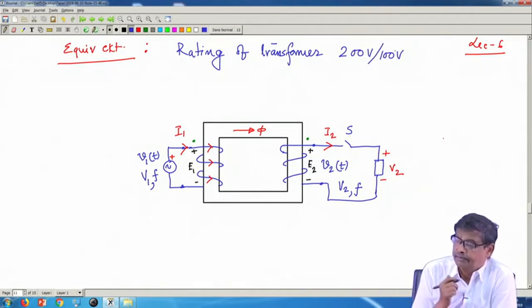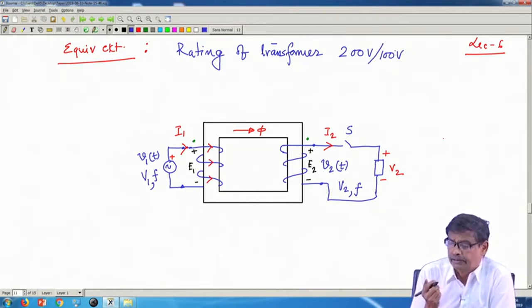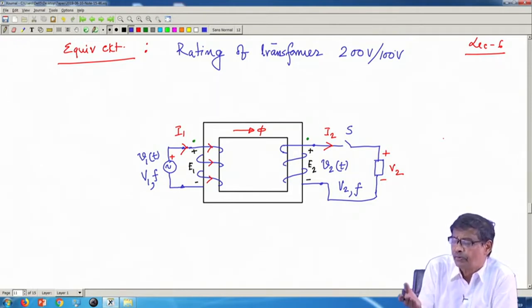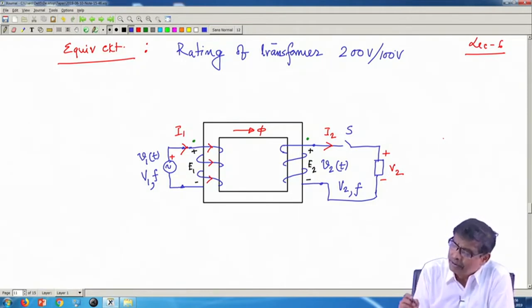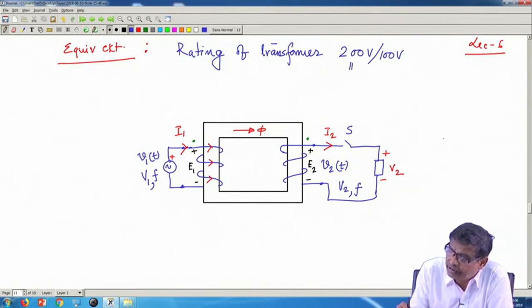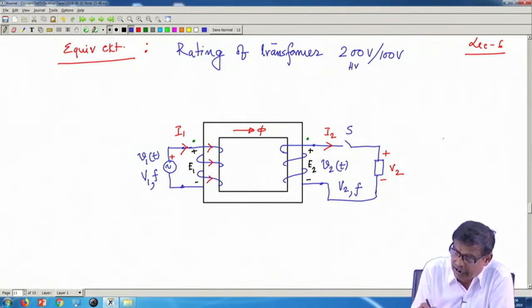Instead of telling that the primary side is 200 volt and the secondary side is 100 volt, which we will also use, no doubt, a more scientific way is to call this the HV coil, and this the low voltage coil, whichever side has low voltage.